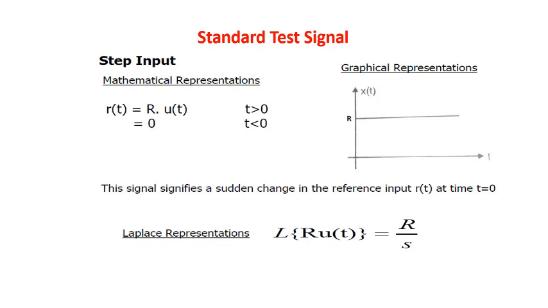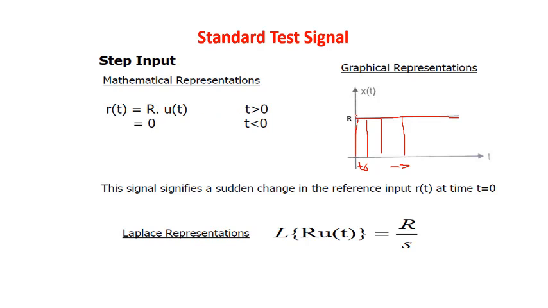First, the step input. Here, step input means at t equal to 0, graphically we can see t varies from 0 to infinity. At t equal to 0, we will have a step type of input. The input remains constant for all values of t greater than 0.